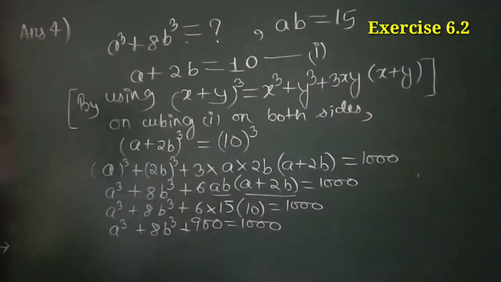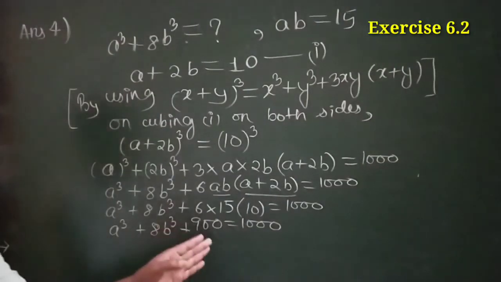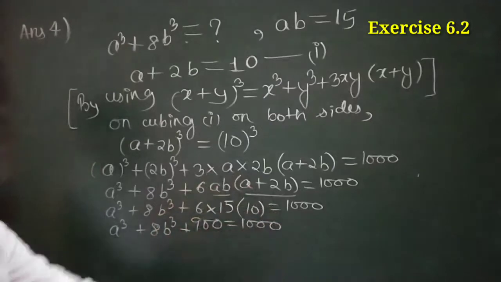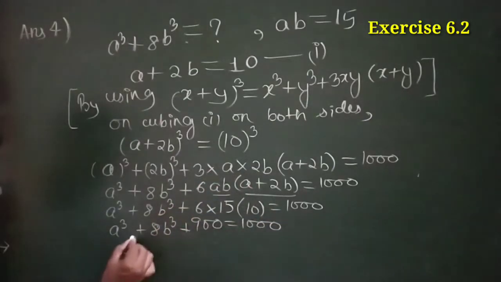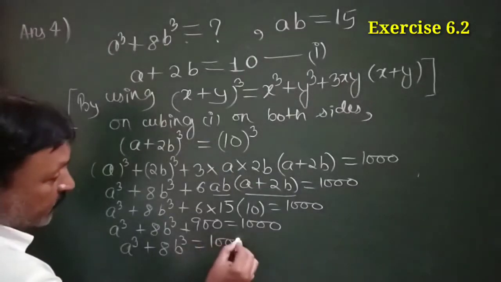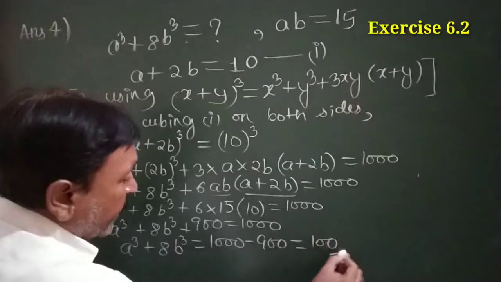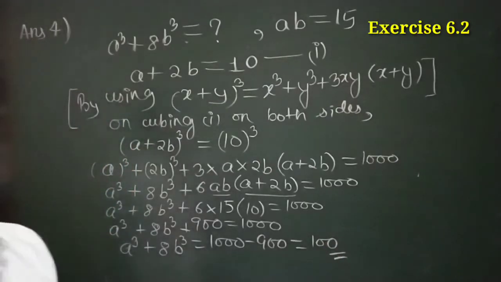Okay, we have to find out the value of a cube plus 8b cube. It means we have to transpose 900 to the right hand side. So just transpose it. So what we will get? 1000 minus 900. So we will get 100, which is our needed answer.